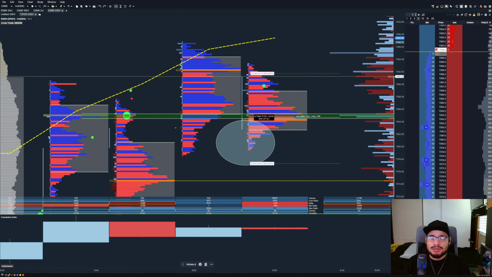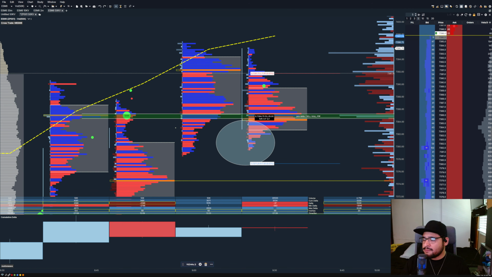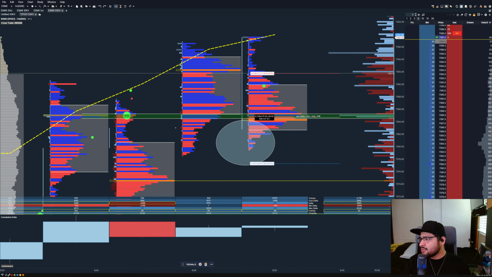I'm wanting to see a push up soon, with not a lot of volume, so I could then short it. But so far, we're staying above the point of control, so I may wait.